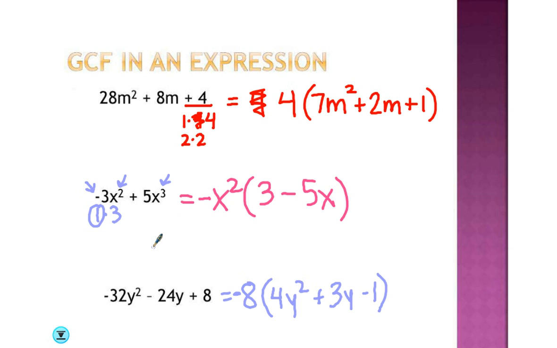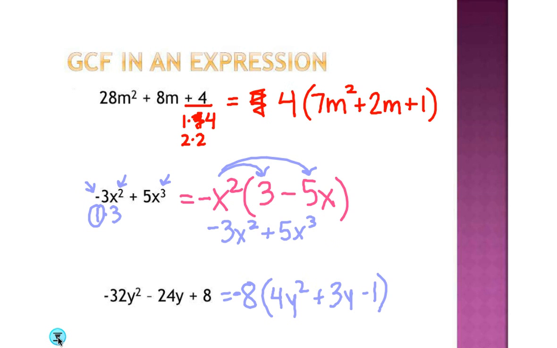And the most that they had in common was x to the second power, so I was able to factor out negative 1x squared, and then left over inside, again checking myself by redistributing. If I distributed this here and here, it's always a great way to check yourself. I would get negative 3x squared, and my negative times the negative would get me a positive 5x to the third power, taking me back to my original answer.